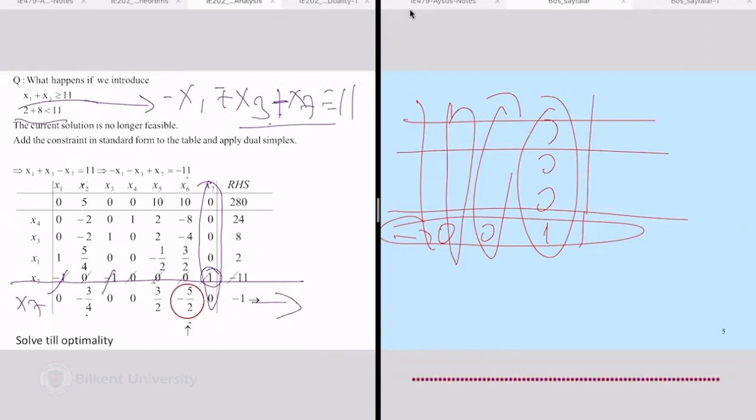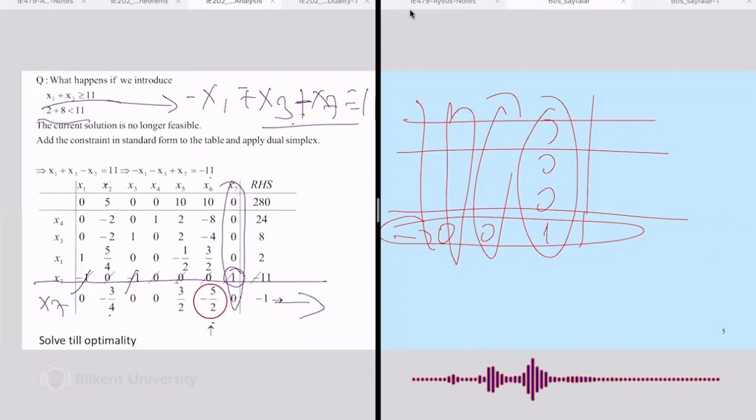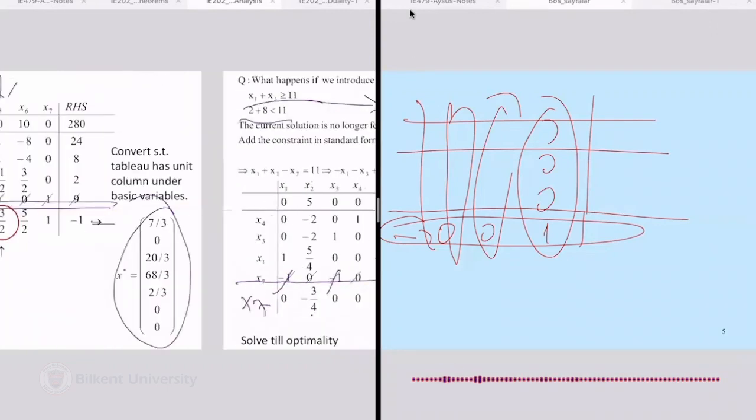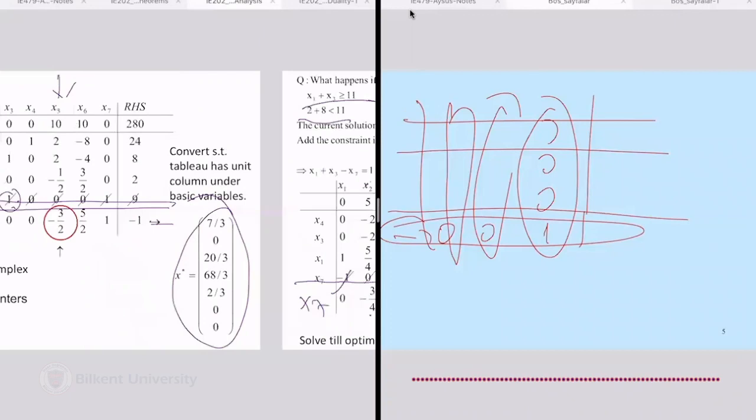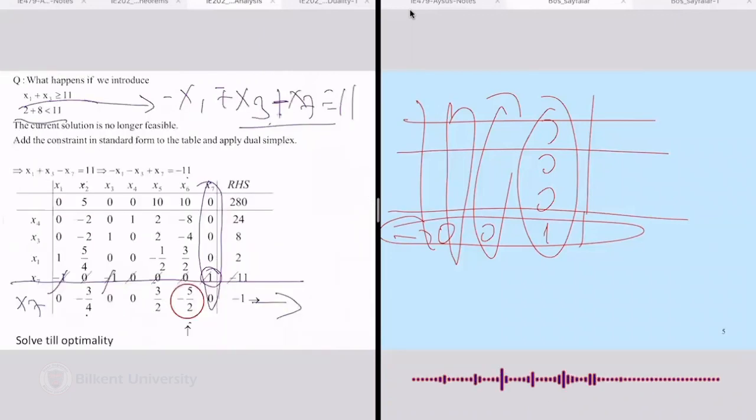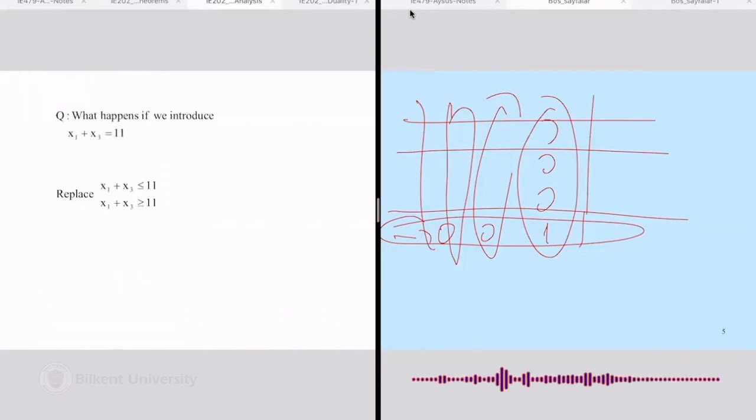Then do the other operations too, so that this table becomes a legit one. So if it's a less than or equal to or greater than or equal to, the slack or the excess will actually work for my table. And you do the rest. If the constraint is equality, there is no slack, there is no excess.